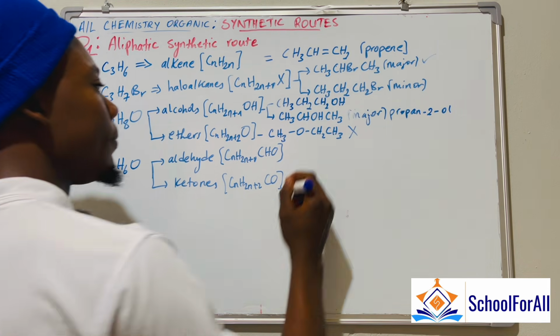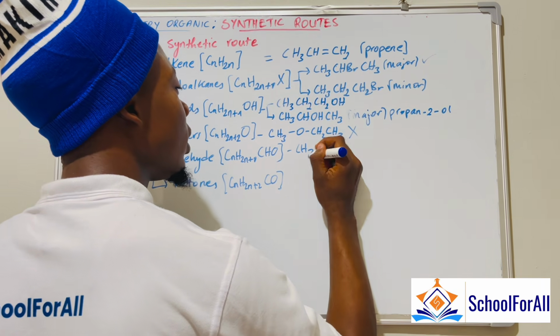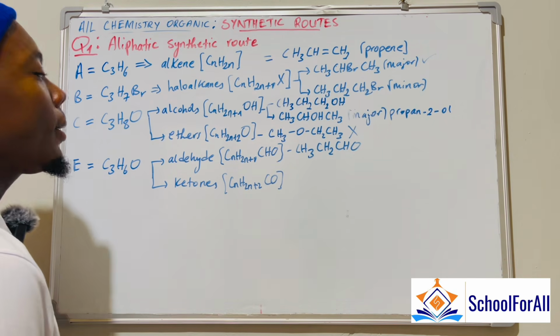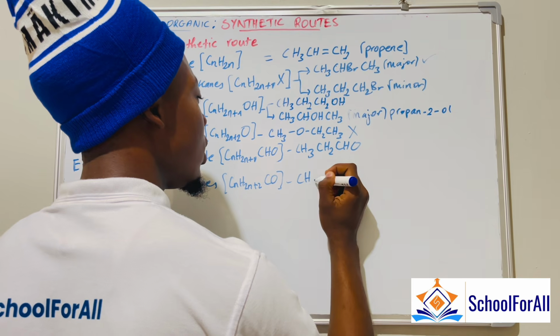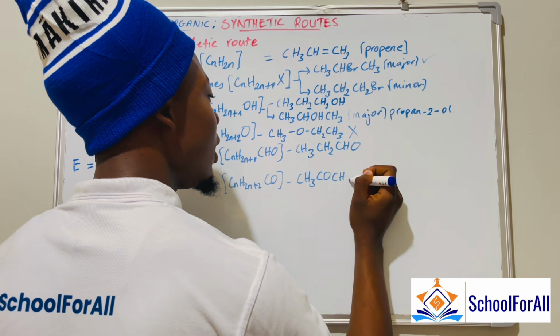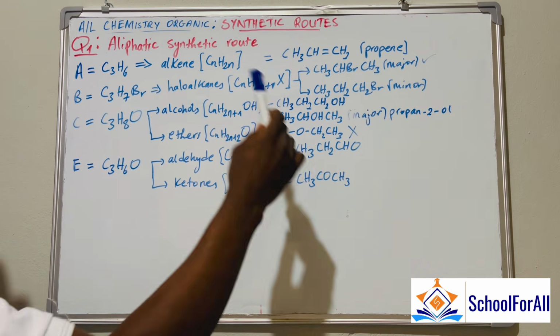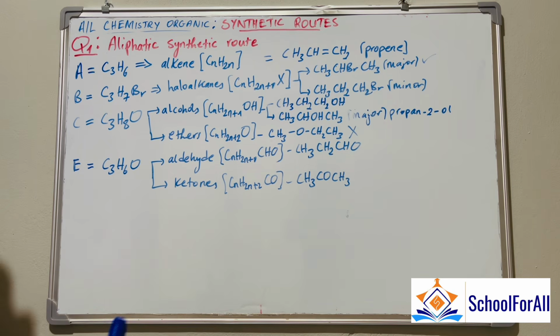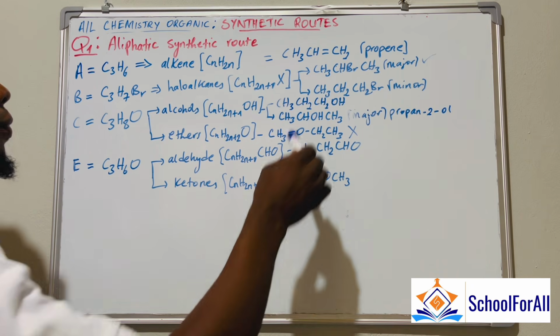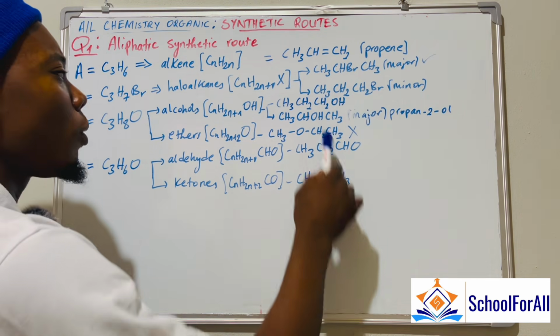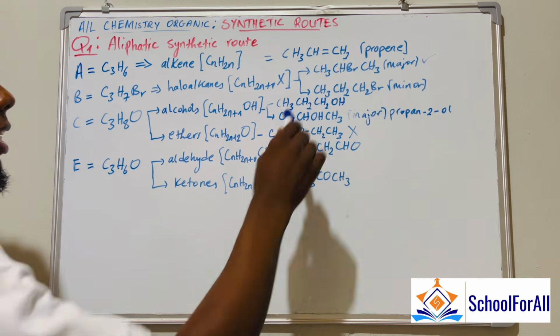Here I can have CH3CH2CHO, which will be propanal, and I can also have CH3COCH3, which is propanone or acetone. But which one are we going to choose among the two? We are moving from compound C to compound E, so we are first moving from the alcohol to the carbonyl. But our major alcohol was a secondary alcohol, if you identify it very well.